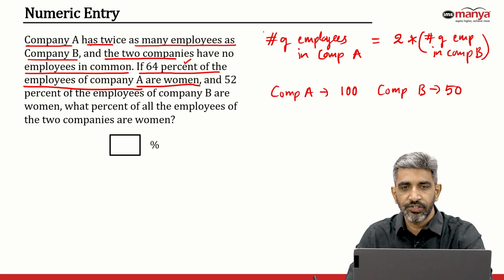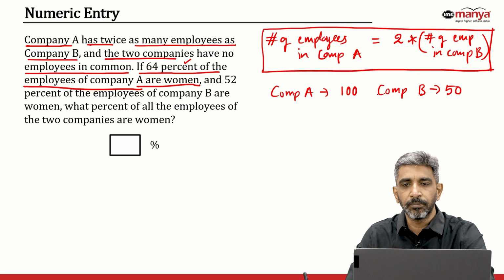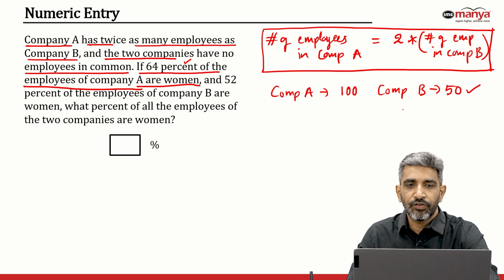because the first sentence has told me something that I have written down here. Number of employees in Company A is twice the number of employees in Company B. This is typically what a lot of test takers do because they are reading about Company A first.